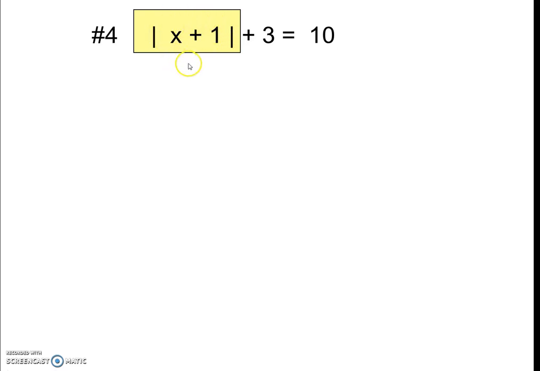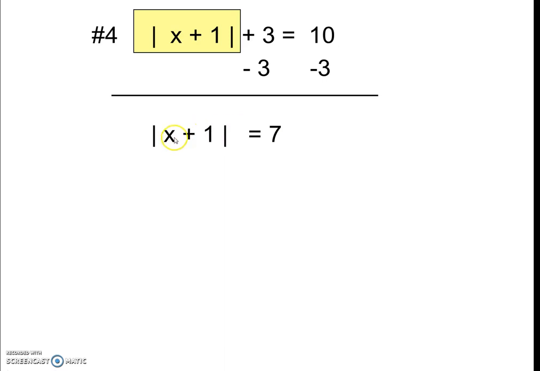Look here. There's something hanging onto the edge of it, isn't it? There's a +3 right there. Well, I need to move him to the other side. How do I do that? Well, if it's adding 3, the reverse is subtracting 3. So now I have absolute value of x plus 1 equals 7.